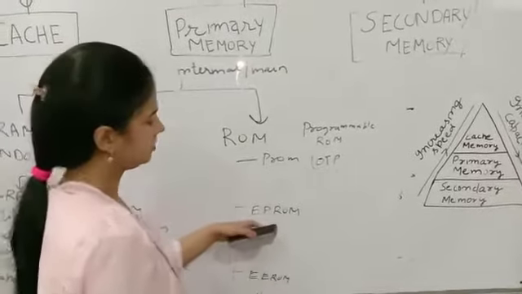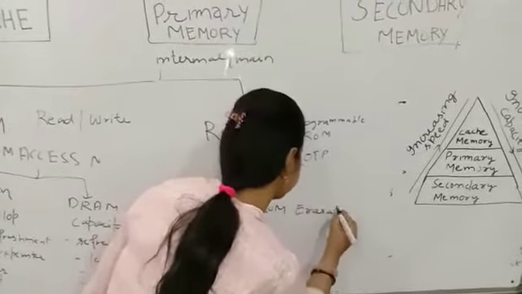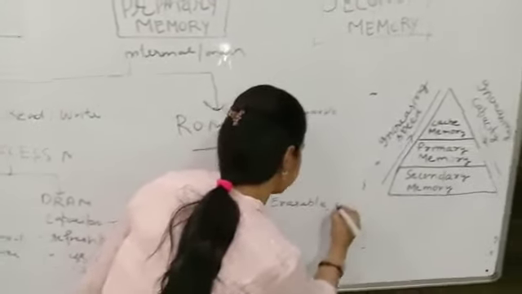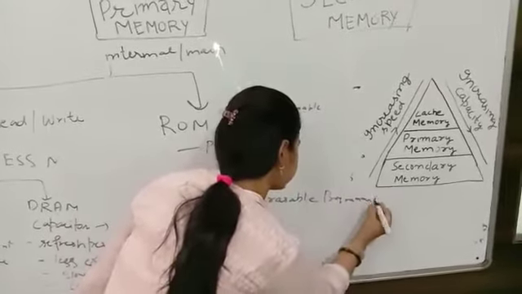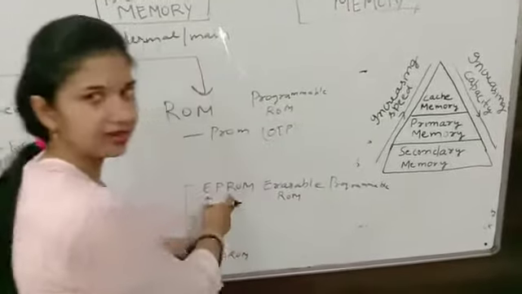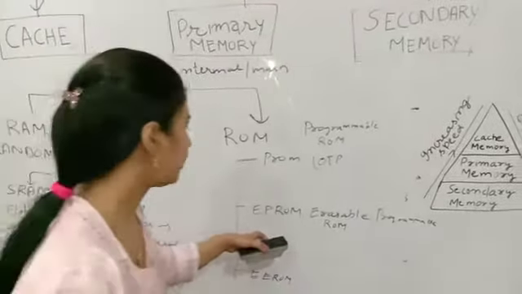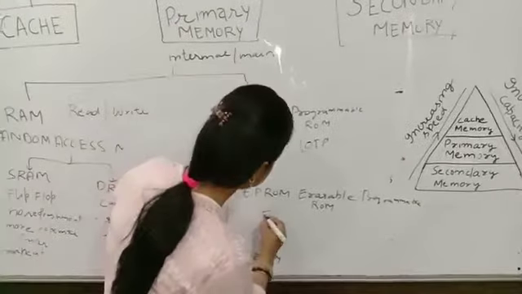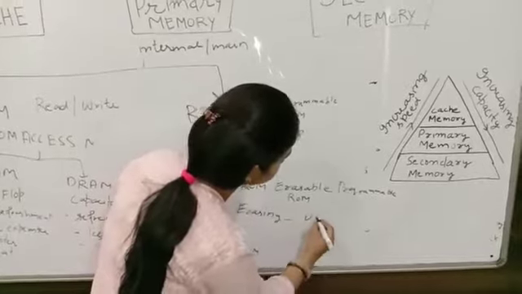While this is called erasable programmable ROM. In this we can erase the data and reprogram it. This can be done many times. Erasing of data is done by UV rays.